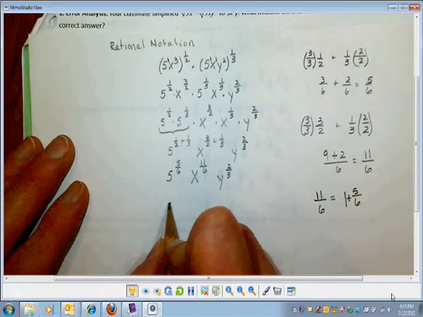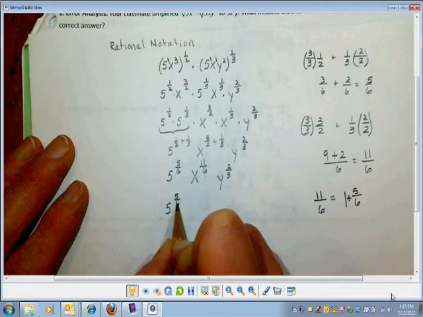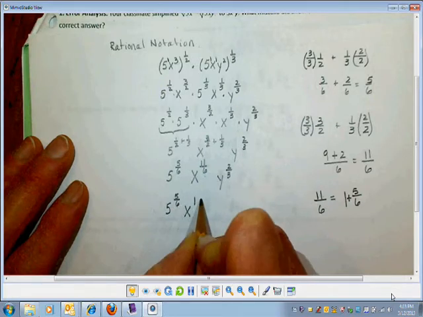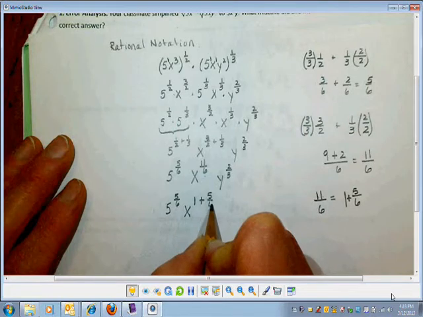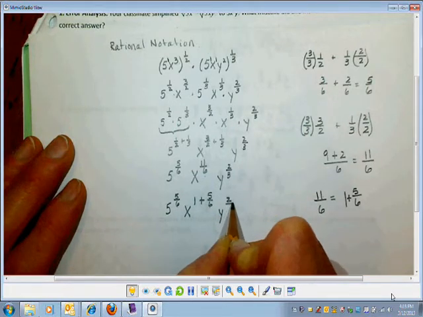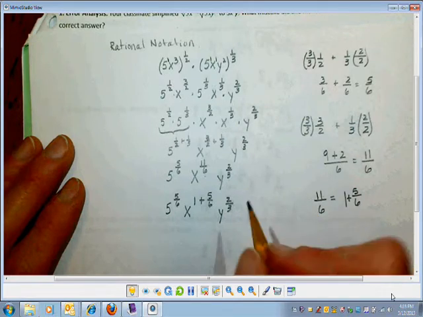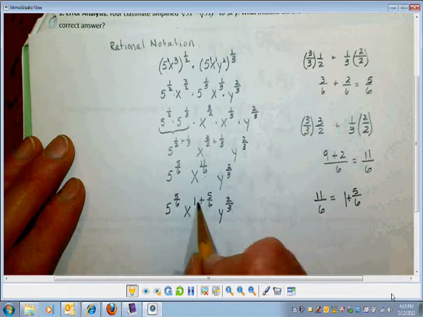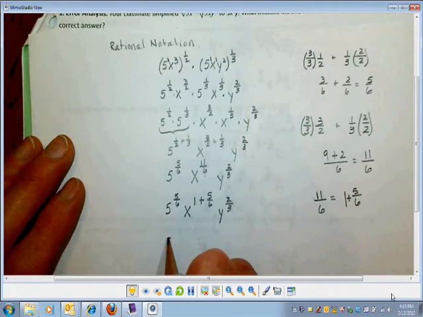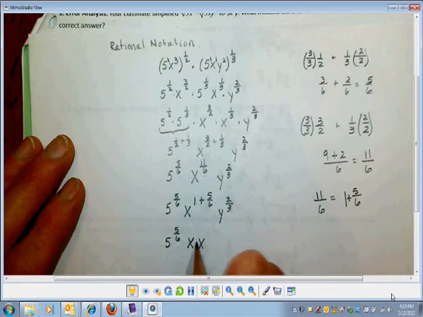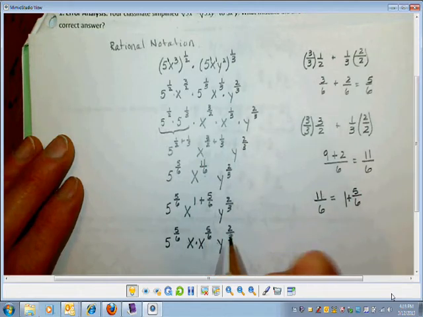That makes this 5 to the 5/6 power, x to the 1 and 5/6 power, and y to the 2/3 power. So I'm doing my multiply same base, add exponents backwards in reverse. So that means this becomes 5 to the 5/6 power, x times x to the 5/6 power, times y to the 2/3 power.